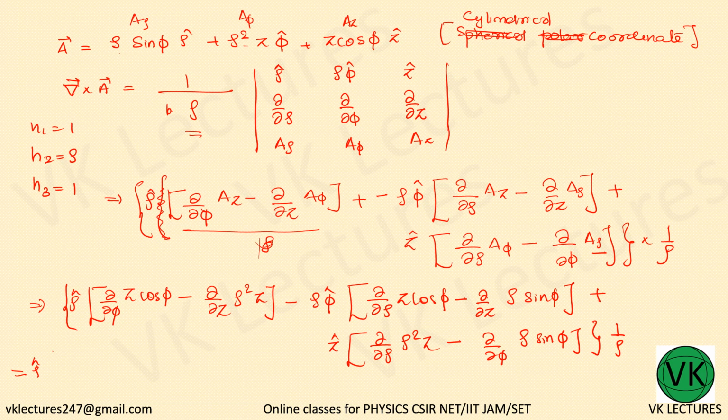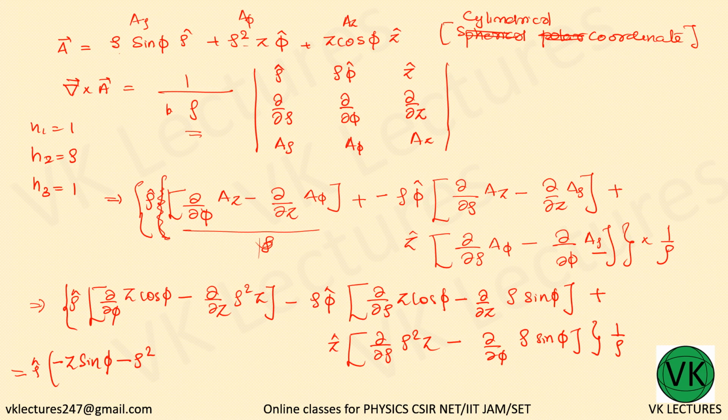So rho cap into dou by dou phi of z cos phi, so z minus z sin phi, minus rho square. Wait, oh, we have made a mistake.